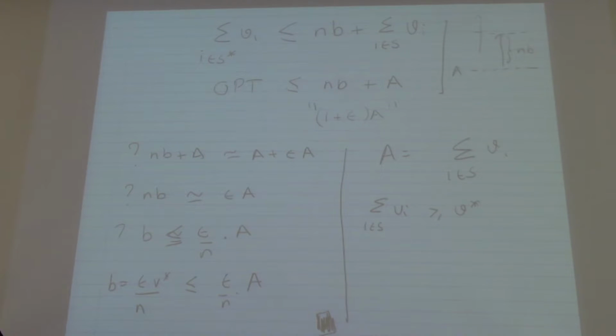All this scaling and rounding that we're doing in the algorithm, right? So let me say this. Consider V star, okay? And consider any other item in my set, which is less than V star. Let's say I round these two.